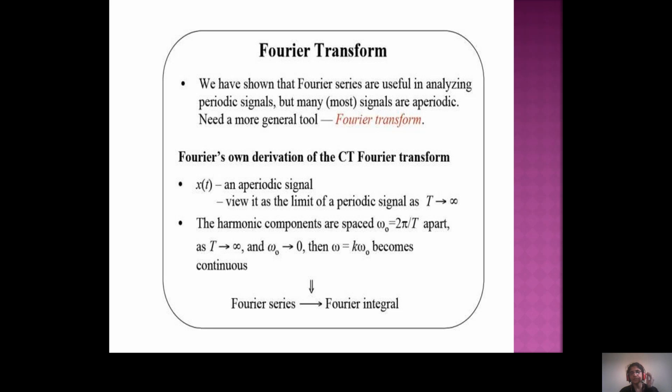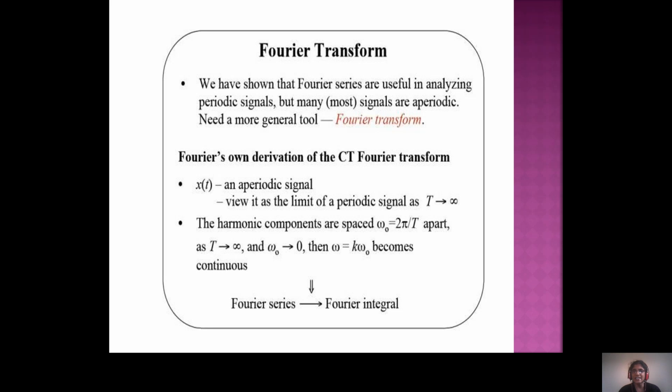The Fourier series finds periodic signals, but most signals are non-periodic. So for finding both periodic and non-periodic signals, the tool we use is called the Fourier transform. Fourier's own derivation of the CT Fourier transform.